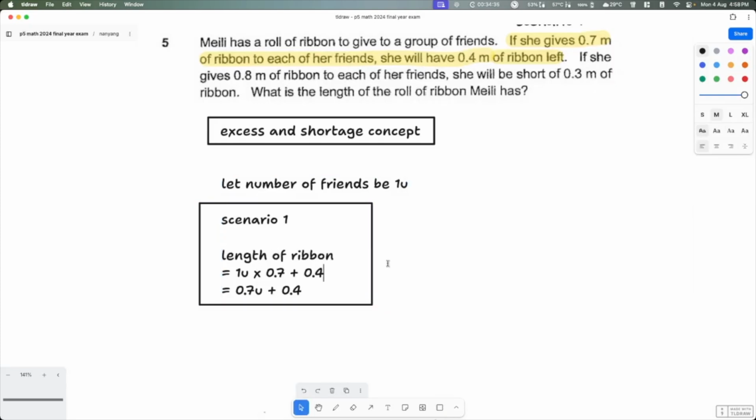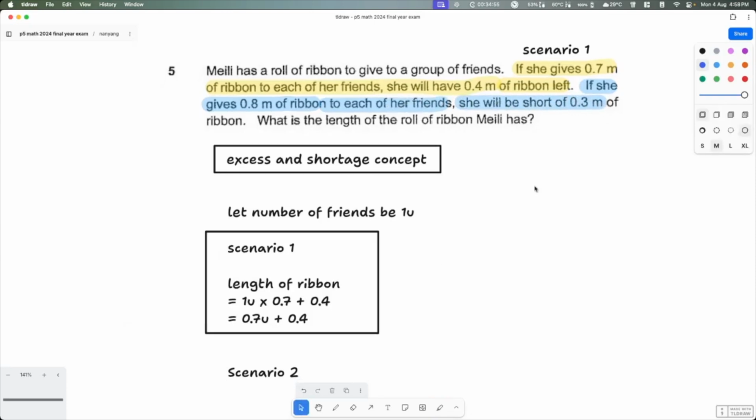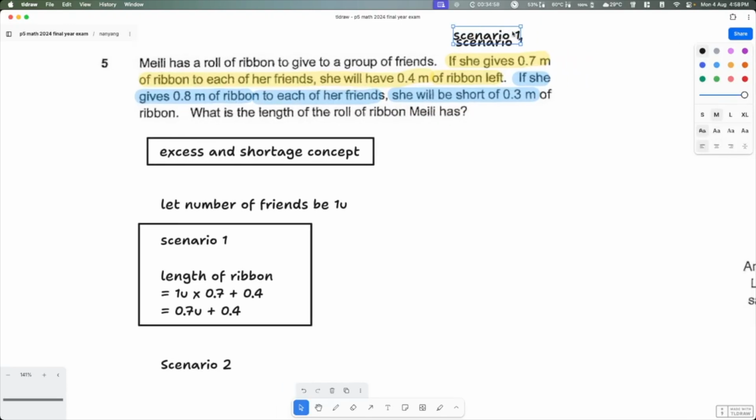Now let's move to scenario 2. If she gives 0.8 meters to each of her friends, she'll be short of 0.3 meters.